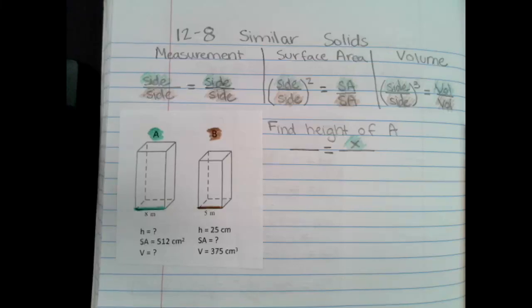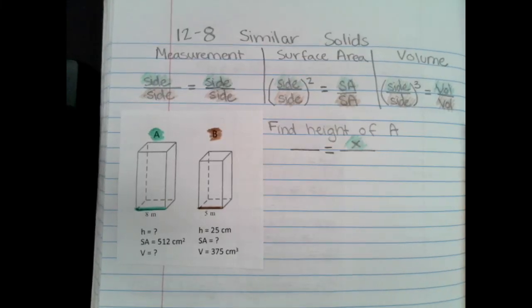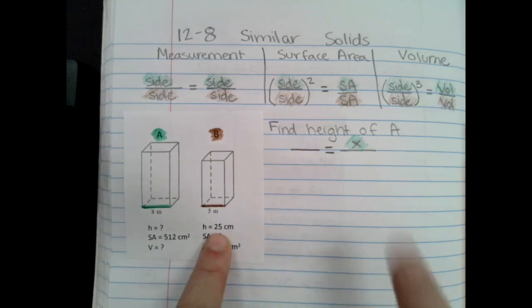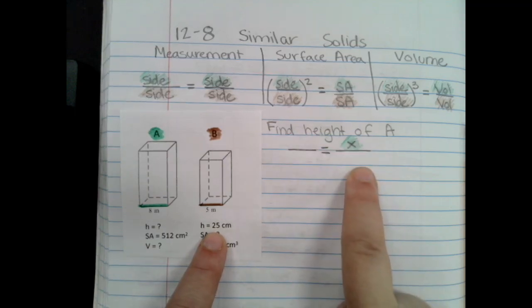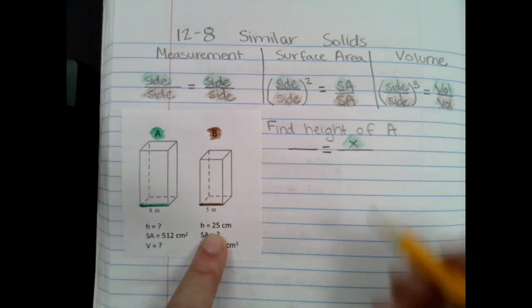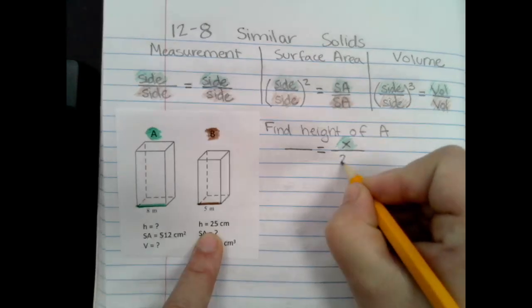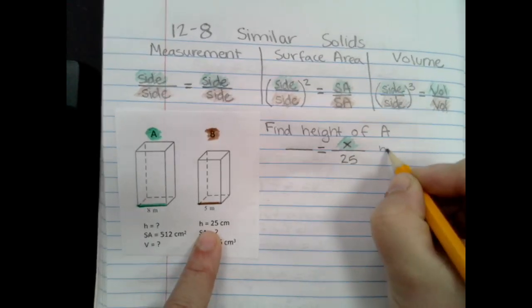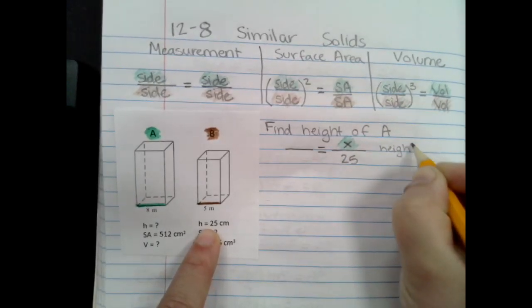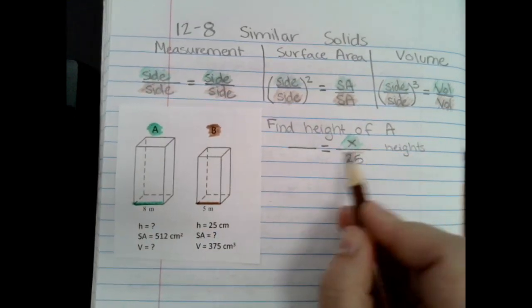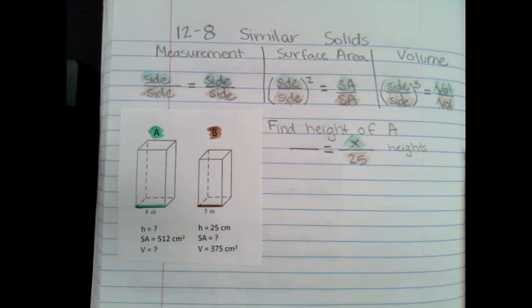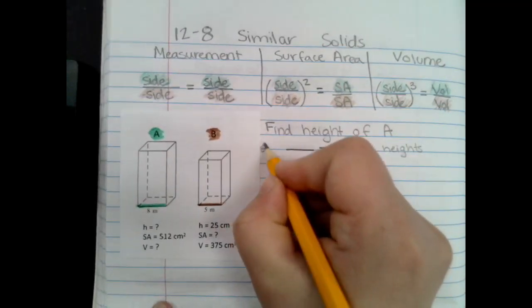So what goes with that height? What number could I put with that? 25, yep. Would 25 go across from the x in the first ratio, or would it go below the x? Yeah, it would go below because these are the heights over here. So this would be 25. Heights are on the right side, so on the left side is going to be my sides.